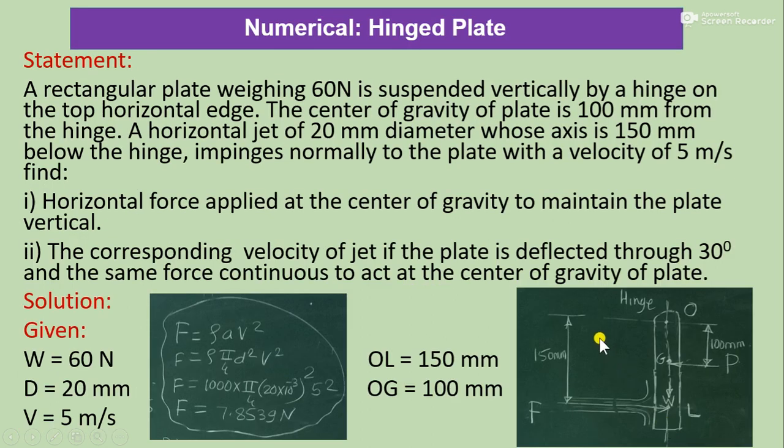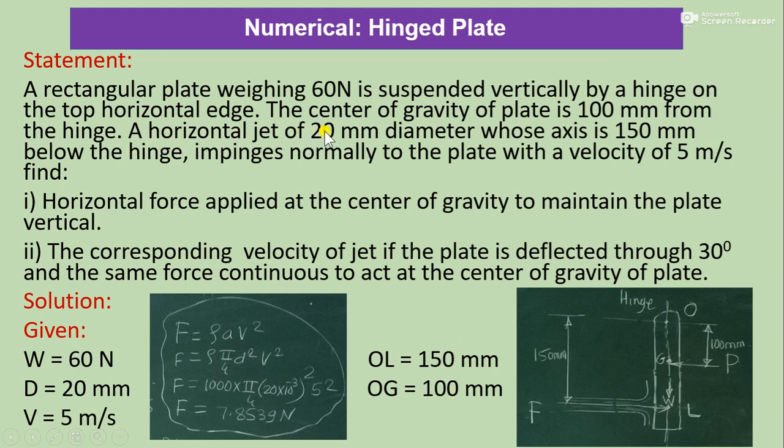Now, a numerical on a hinged plate. So here is the statement given: one rectangular plate of weight 60 Newton is suspended vertically by a hinge, that is O. The center of gravity is 100 mm below, means distance OG is 100 mm.